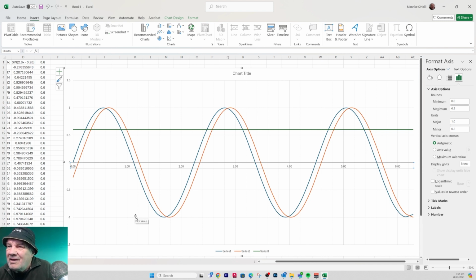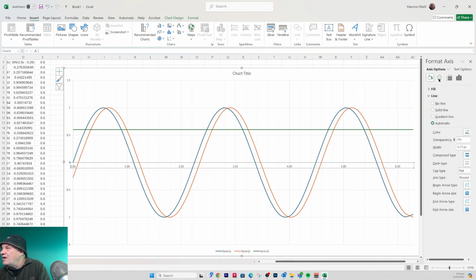Have we got 0.2? Minor should be there. Okay, oh, these are the actual lines. Solid line. Let's make them solid.